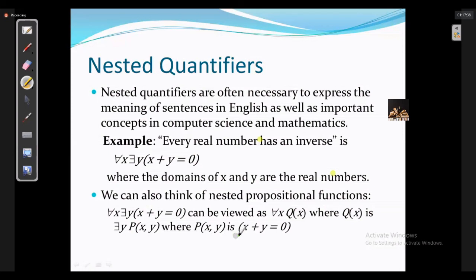What is the P of x comma y? The predicate is x plus y equal to 0. This is the evaluation process.